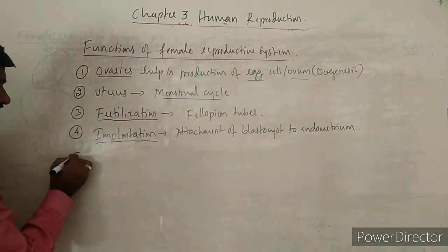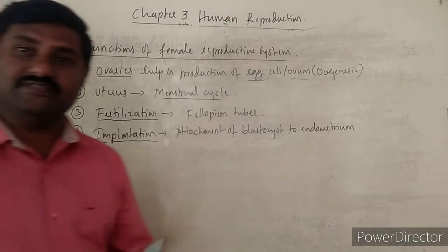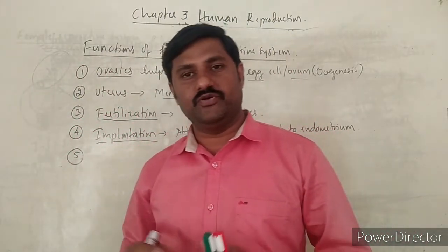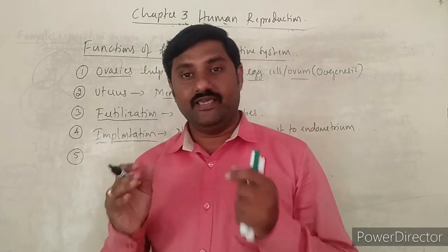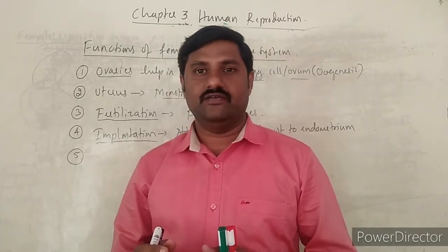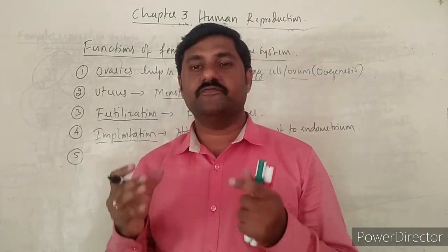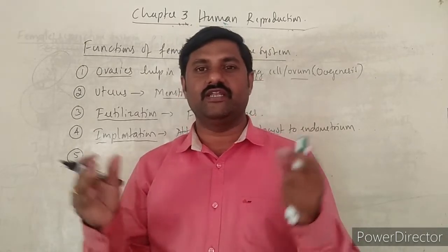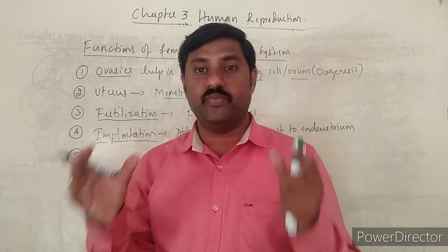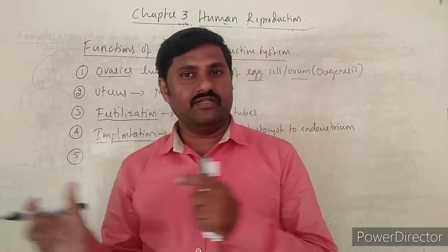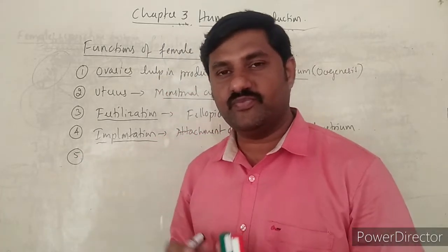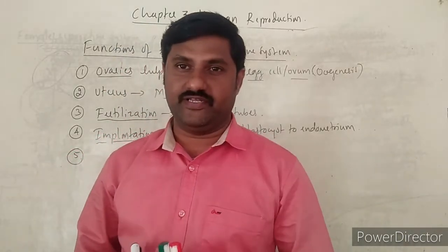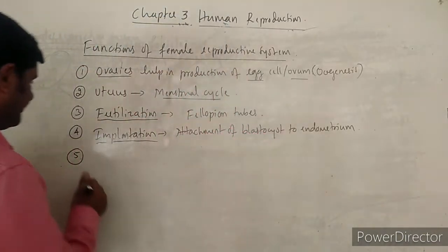Okay, and the next one. What is the next one? As I said, the uterus is the womb of the mother. In the womb, the development of the fetus or the embryo takes place continuously until it becomes a fully developed baby, right? All these developmental processes together are called prenatal development. That is also very important.